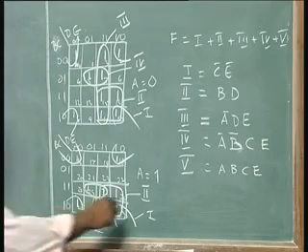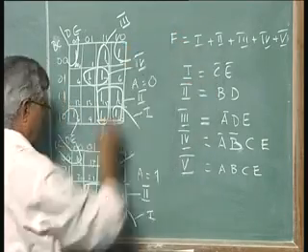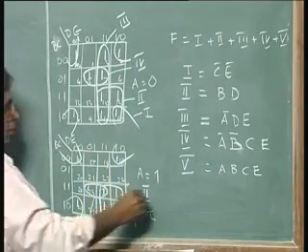So now my final expression, if you want to, you can write it as C bar. I don't know whether you want to really do it. You can do that.